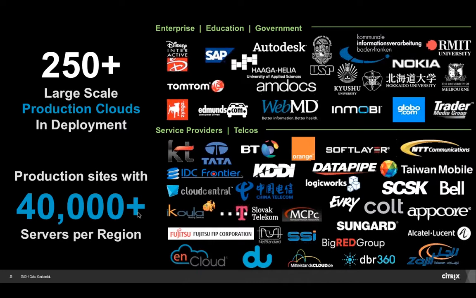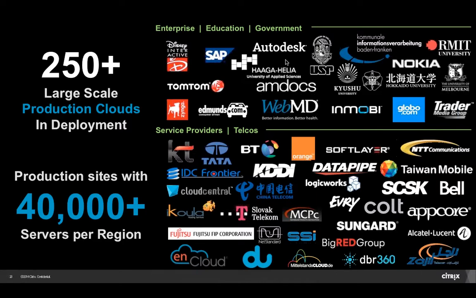In the service provider and telco side of things, we have organizations such as BT, KDDI, Bell Canada, all of these service providers that are offering public clouds to their customers based on Cloud Platform. On the enterprise side, some of those customers range from Disney Interactive, Zynga, TomTom, SAP, Autodesk, and USP, the University of Sao Paulo, are two interesting ones for us in our division.